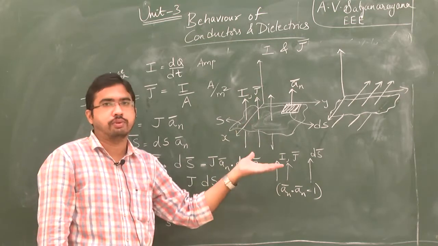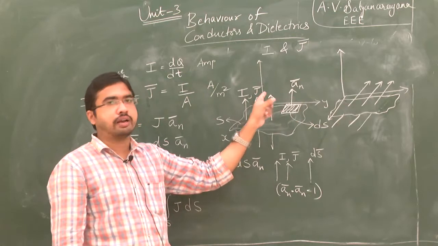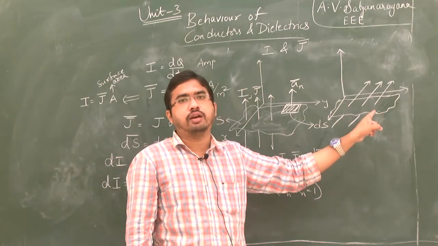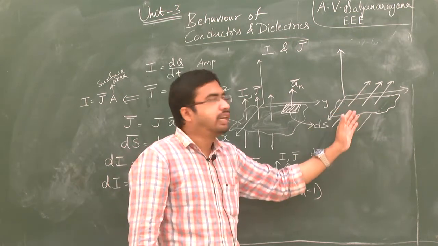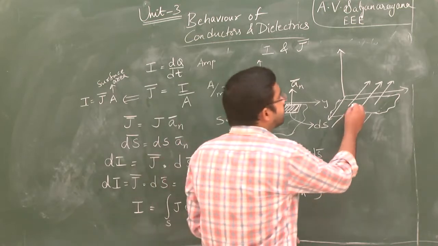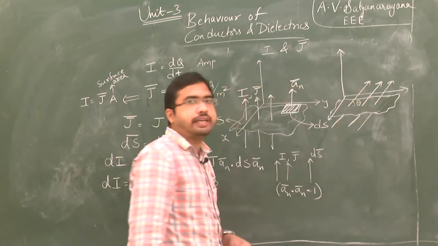Always it is not possible. There are some cases when your current direction and J bar, the current density direction, is not perpendicular to the plane that you are considering. It is making some angle theta with the surface that you are considering. That means if this is your surface, this is making some angle theta.